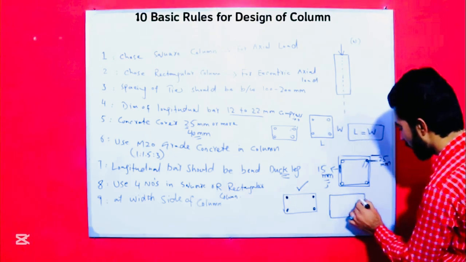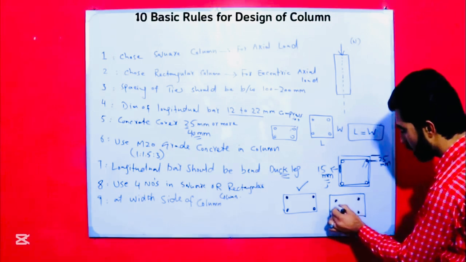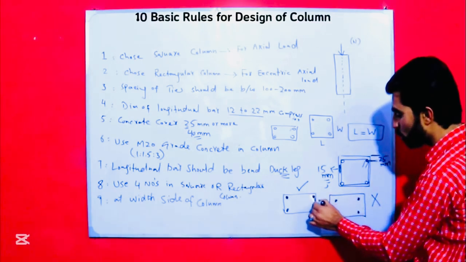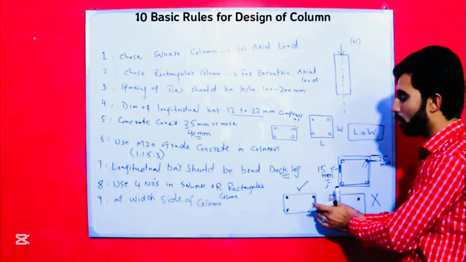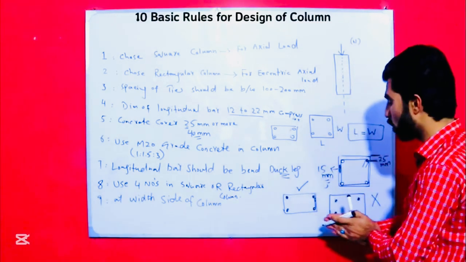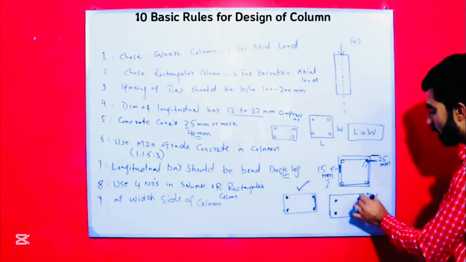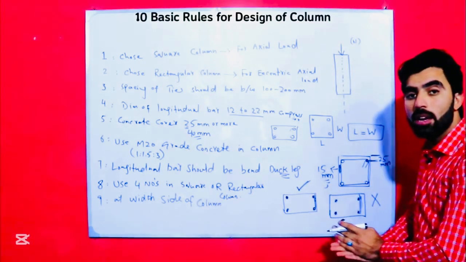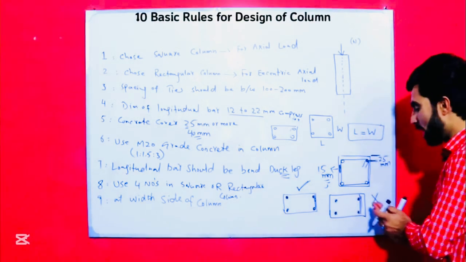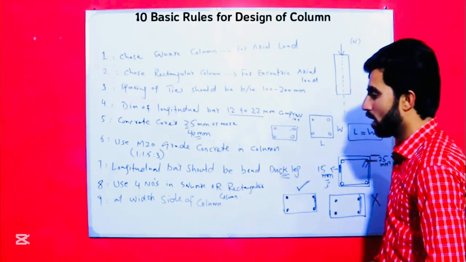As you can see, this is the width side. If you bring the steel bars here like this, this is wrong. The concrete cover should be 25 mm. If the concrete cover is more, especially in a rectangular column, and the steel bar is inside, this is wrong.